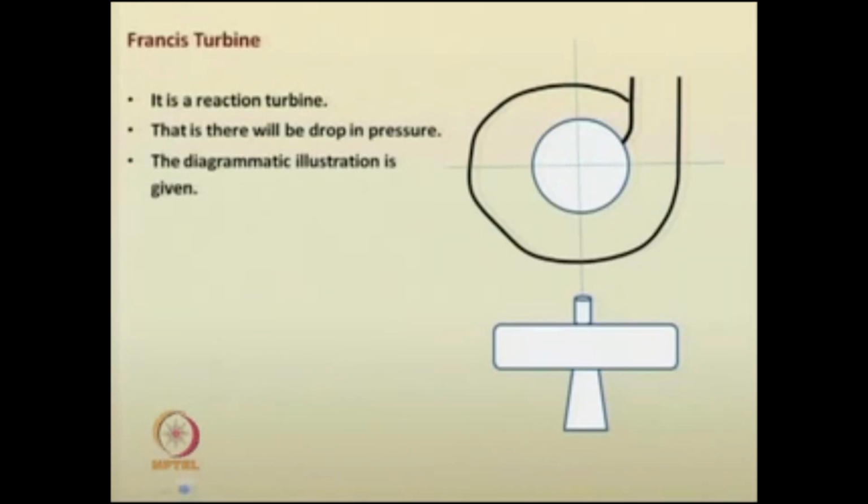The diagrammatic illustration we have given briefly. It is a turbine that consists of blades like this. There may be an inner circle also, and actually it consists of guide vanes and all.